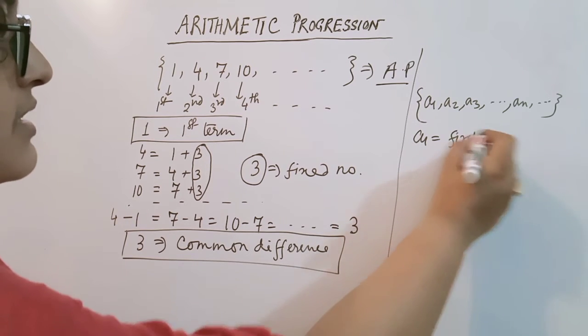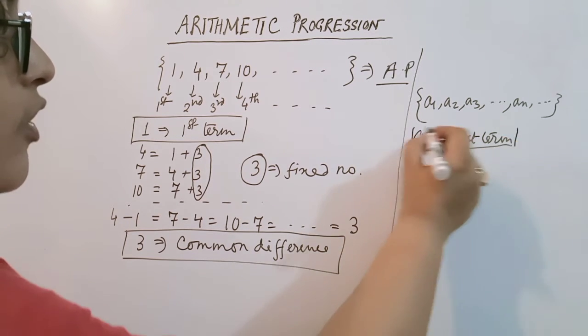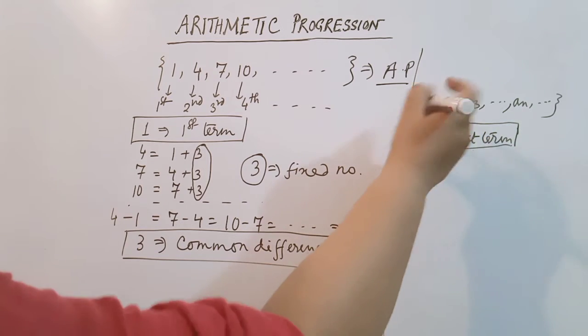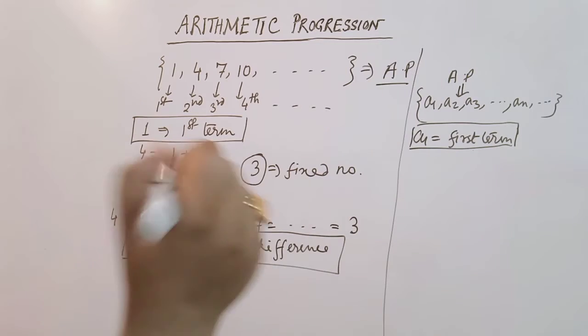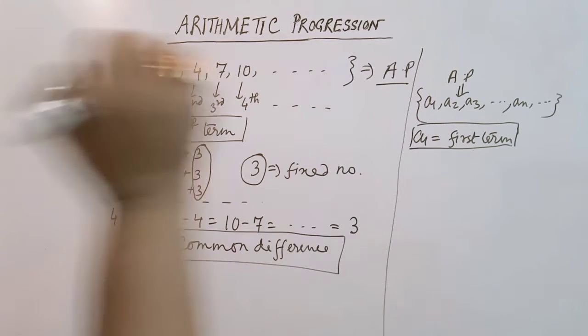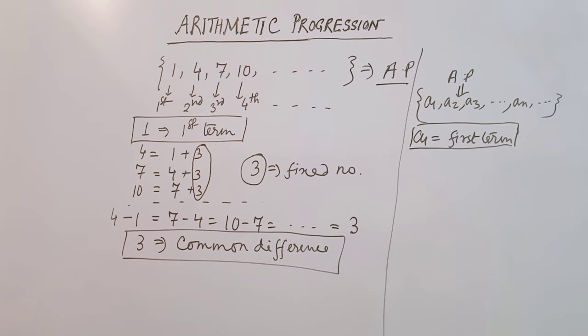And if it is an AP, then obviously the differences between the consecutive terms of this progression are equal to the same fixed number.